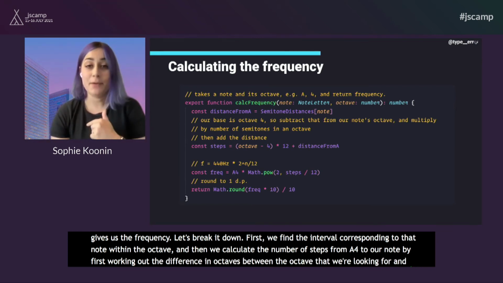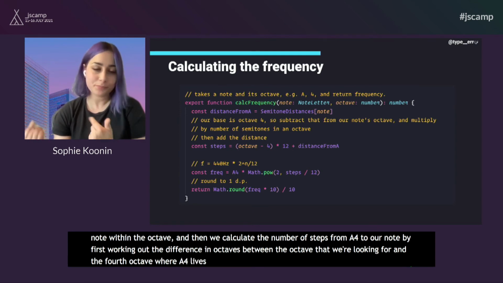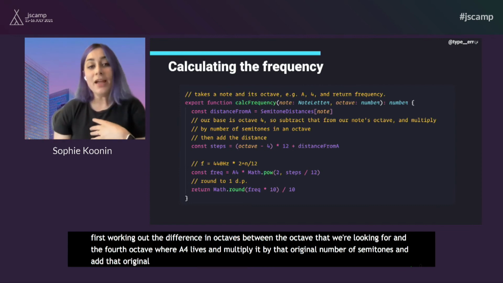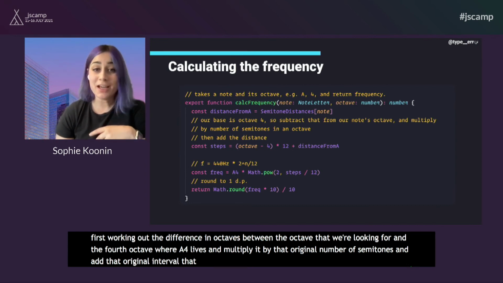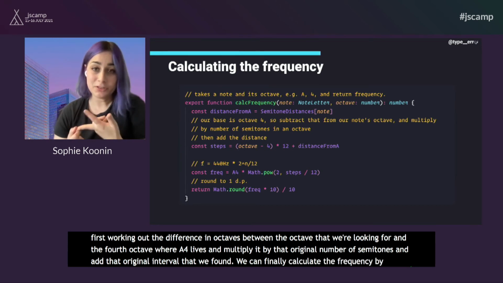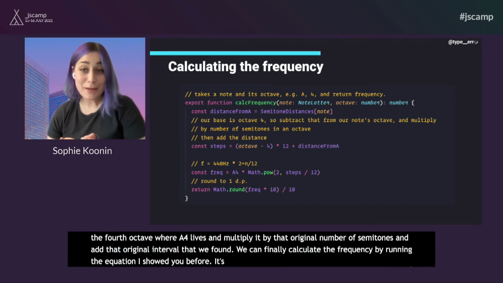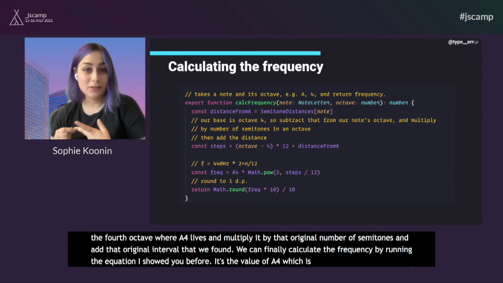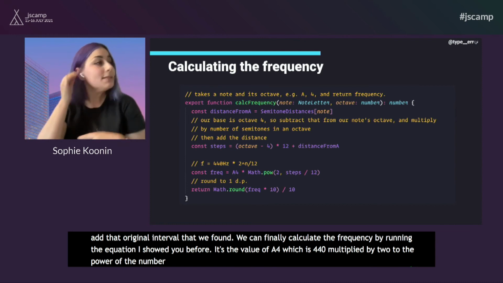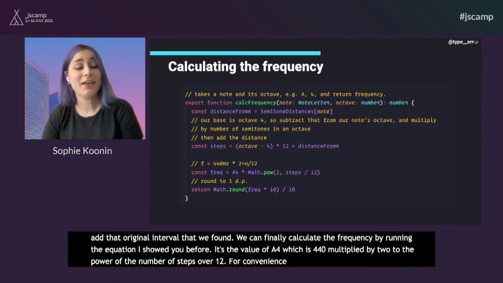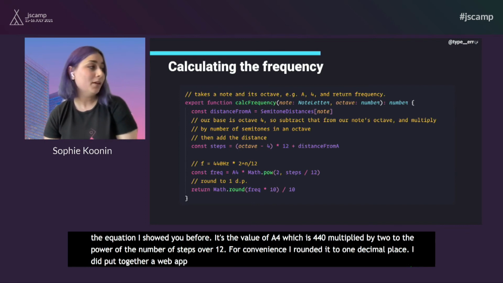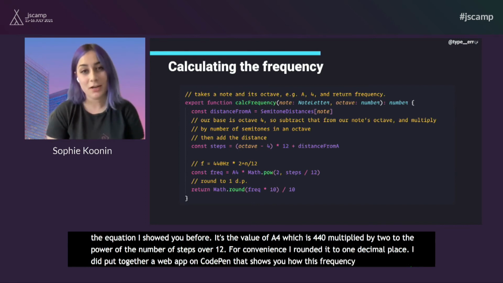And then we multiply it by that original number of semitones and add that original interval that we found. And finally, we can calculate the frequency by running that equation that I showed you before. So it's the value of A4, which is 440, multiplied by 2 to the power of the number of steps over 12. And then for convenience, I round it to 1 decimal place. I did actually put together a little web app on CodePen that shows you how this frequency calculation works. So I can share that after the talk as well.